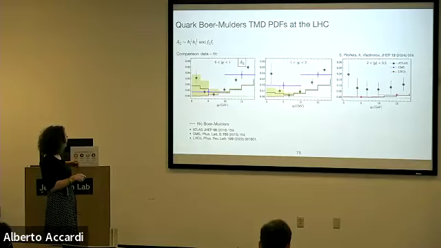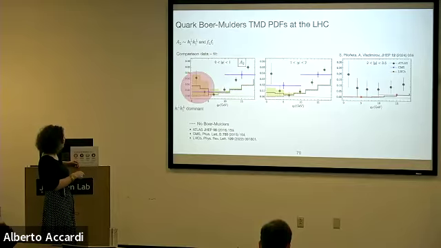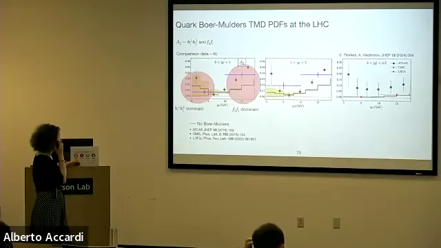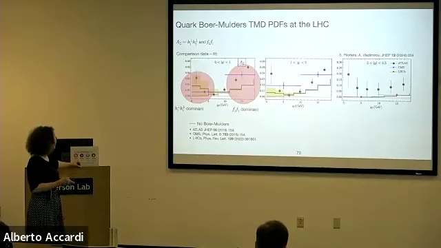Here, the full line shows the contribution of both distributions, and the dashed line shows the contribution only of the unpolarized PDFs. As you can see, in this region at low QT your Boer-Mulders contribution is dominant, and here the spin-independent PDFs are dominant.